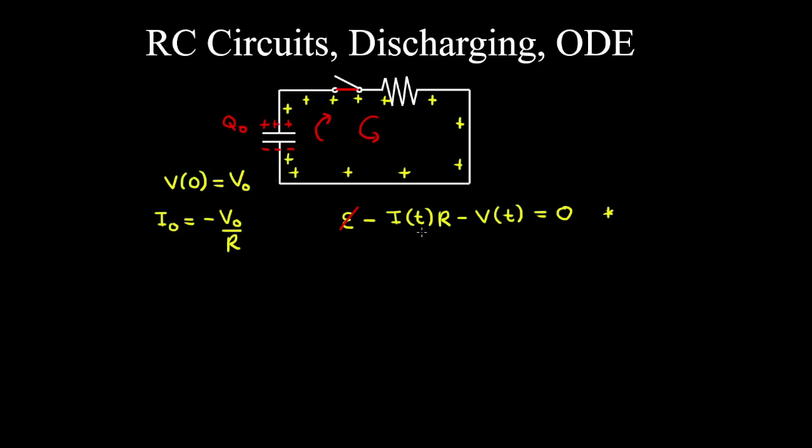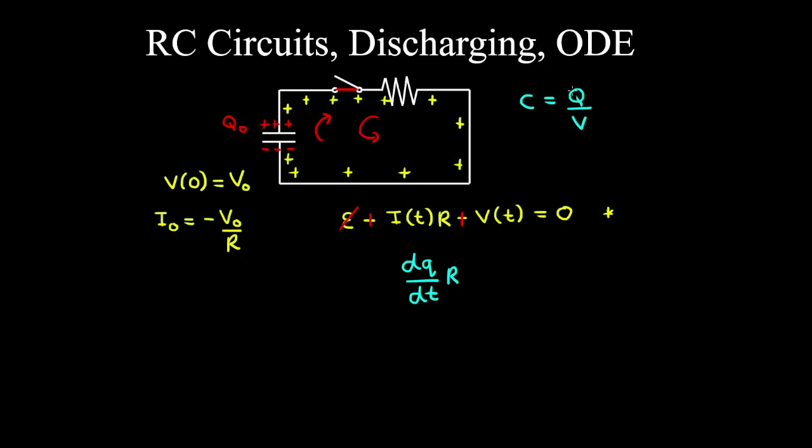And dividing through by minus 1, we get positives on the left hand side, and the current is dq/dt, and multiplied by the resistance plus the voltage across the capacitor. So recall the capacitance is the charge on the voltage.